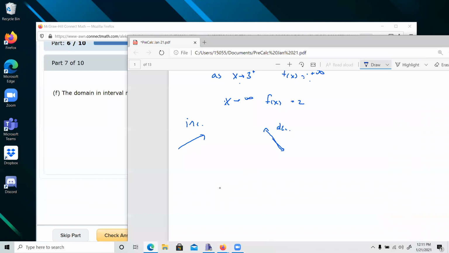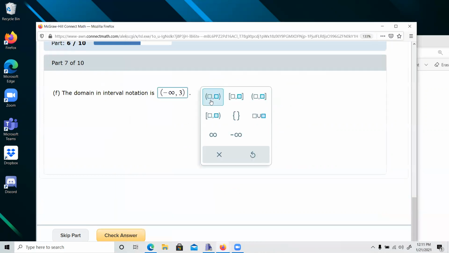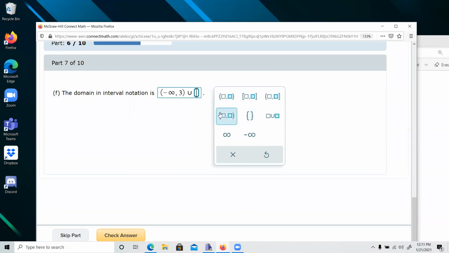We could do interval notation as negative infinity up to 3, union with 3 up to infinity, but it's all the numbers except, so this is all the numbers except 3. Right? That used to be the way we would write this stuff. And you still might in other classes, but they don't give you the option in this one. They just say you have to do it this way. So be it.